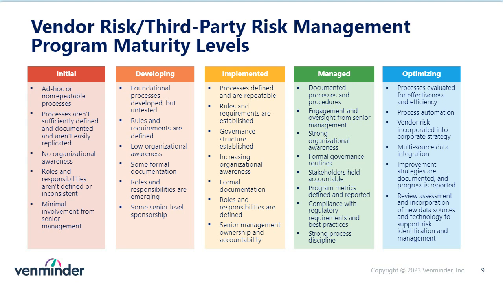Now, if your program's been around a while, you might be moving into the managed stage because we have really good documentation. And the one hallmark of a managed stage is that we can demonstrate that we're compliant with regulations or requirements. We also have really strong organizational awareness and accountability, and that's really important. We also have strong process discipline and formal governance routines.